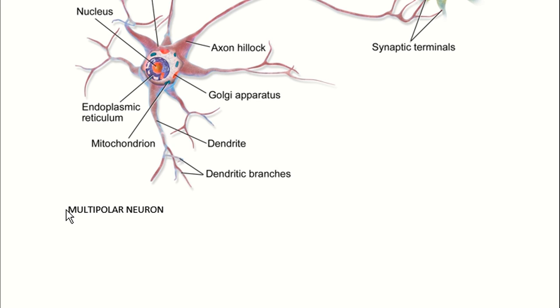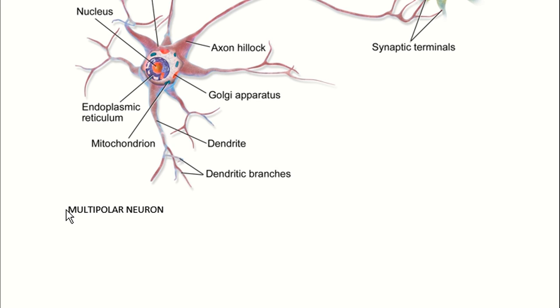Now, the cell body has a prominent nucleus and a highly developed network of endoplasmic reticulum, and a lot of mitochondria and Golgi apparatus. The mitochondria help in supplying a high amount of energy to the cell body, and the Golgi apparatus helps in the production of the neurotransmitters.